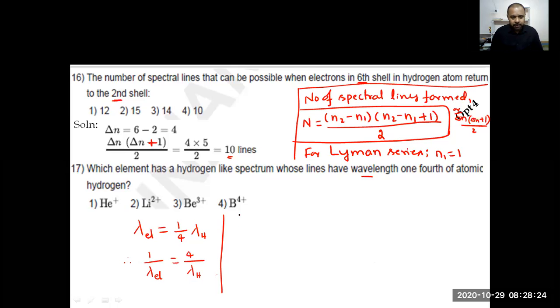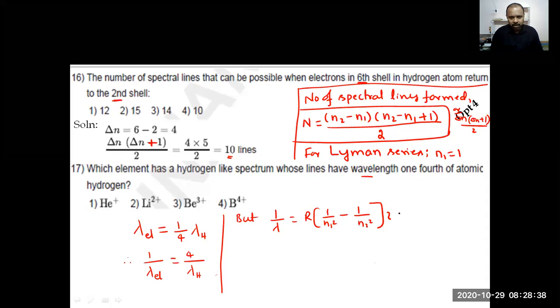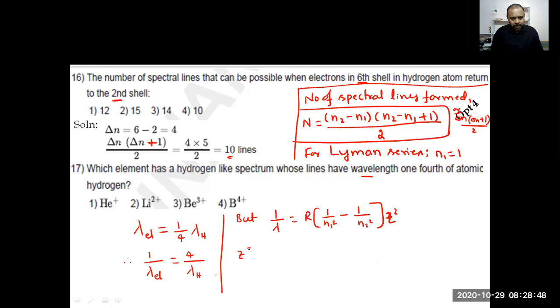1 by lambda is nu bar, nothing but R into 1 by n1 square minus 1 by n2 square is the expression. Of course, there is Z square also. For hydrogen, Z is 1. So we don't write generally for hydrogen, Z square. Let me write this. 1 by lambda of element would become what? Z square into R into 1 by n1 square minus 1 over n2 square, is equal to 4 into what is 1 by lambda hydrogen?